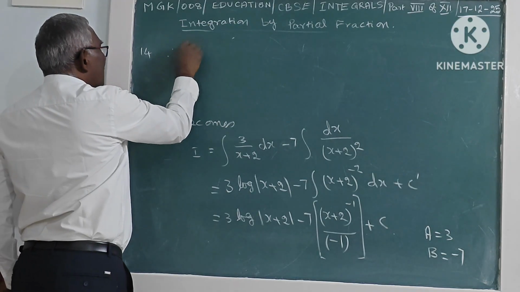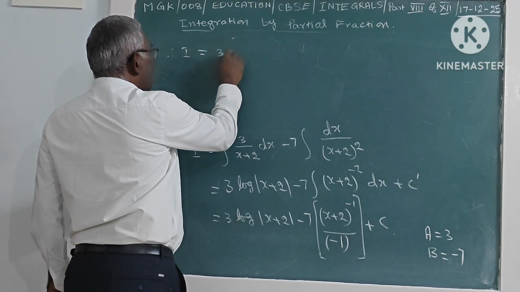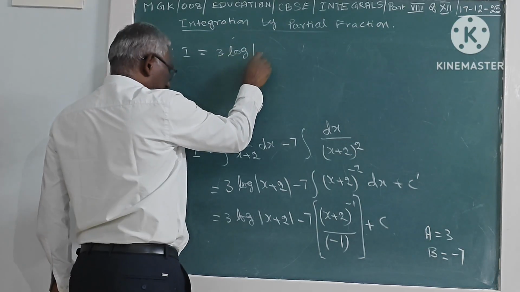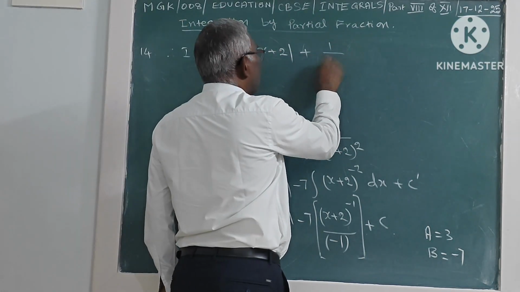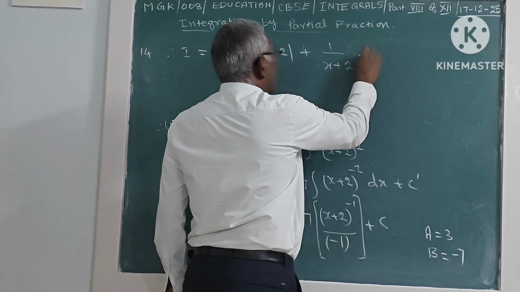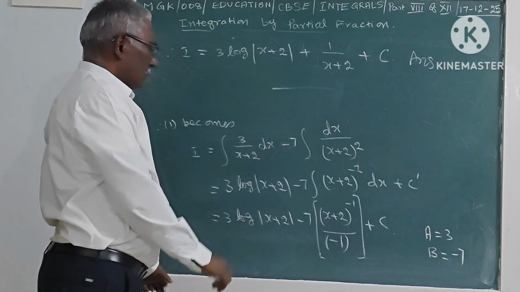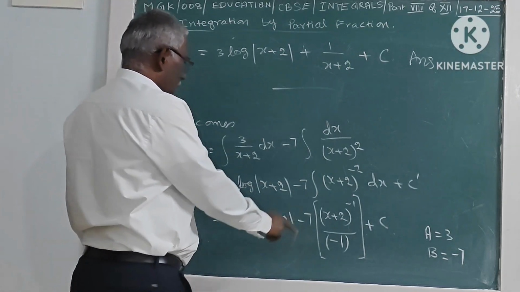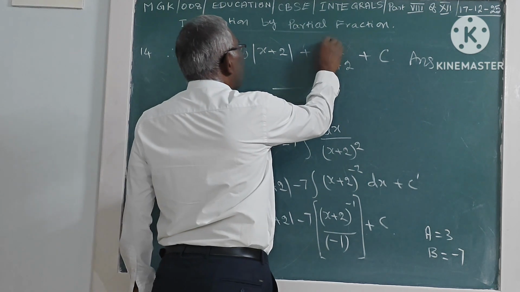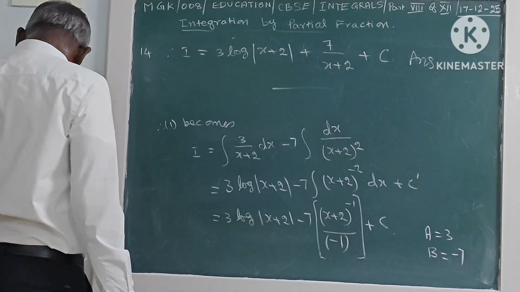And therefore I is equal to 3 log of x plus 2 plus constant. So this is the answer. Seven is there. Okay, 7 by x plus 2 plus constant.